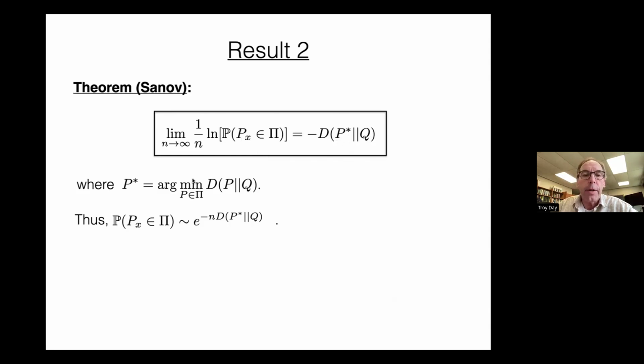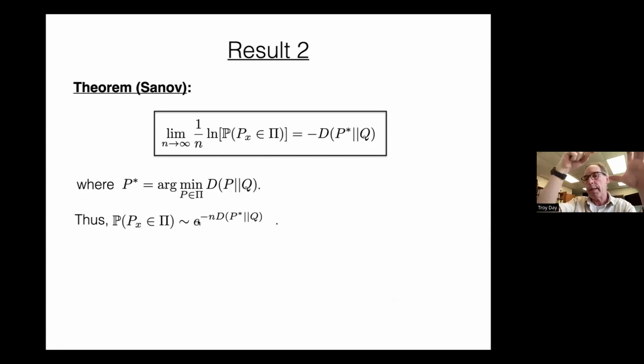P star here is the distribution within that subset that minimizes the distance between all possible distributions in that subset and Q. This is the curious and interesting thing about Sanov's theorem: if I randomly draw a map and I ask, what's the probability the resulting DFE lies in this subset?